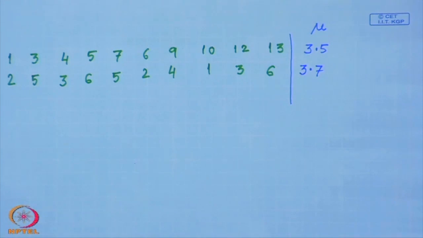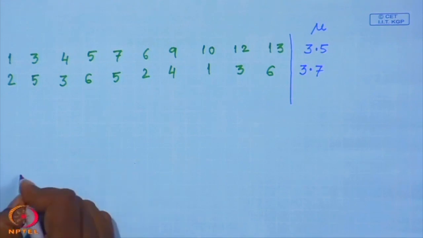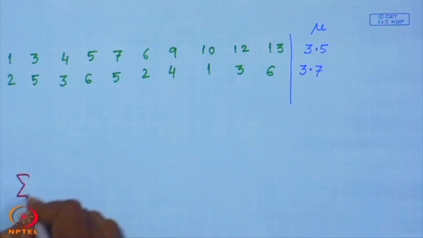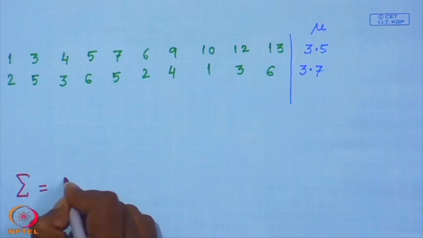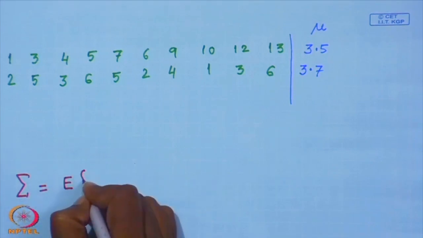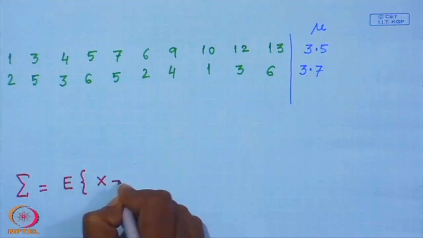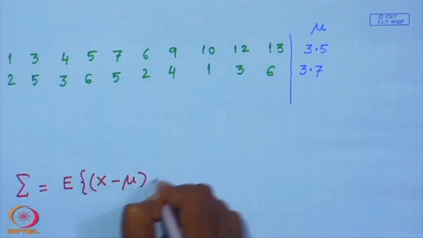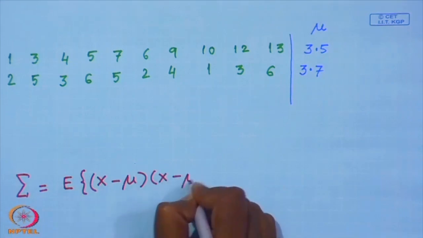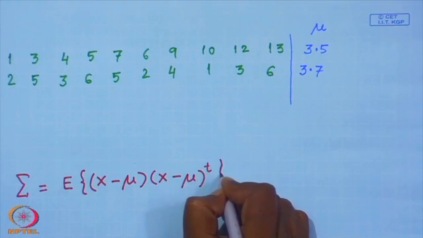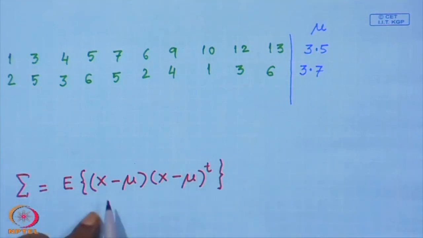And as you know, the covariance matrix is defined as sigma equal to the expectation value of (x minus mu) into (x minus mu) transpose. Okay. Where these x's are the individual feature vectors and this mu is the mean vector.